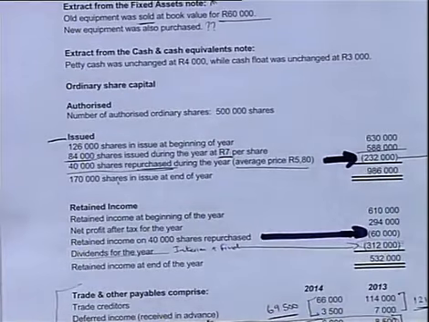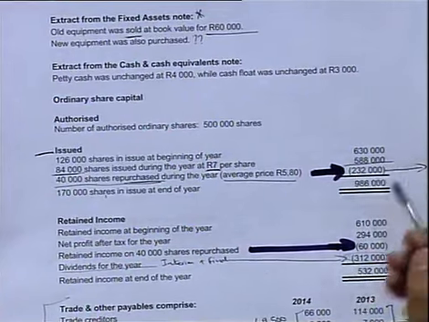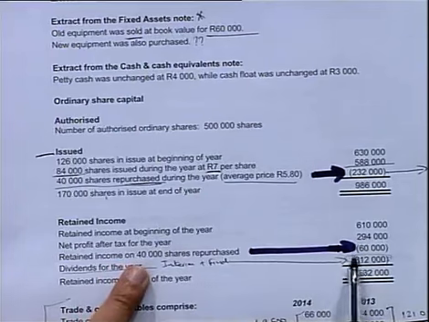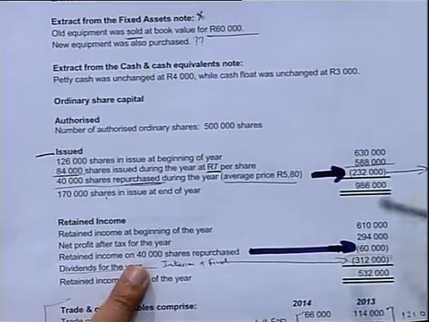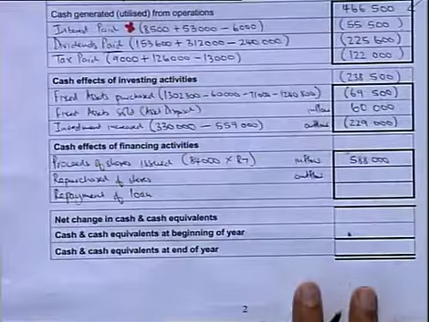The part that goes to the ordinary share capital note under the issued is the average, and the amount that goes to the retained income was the amount more than the average. So for us to get the actual amount that we spent on repurchasing the shares, we have to add those two figures together.